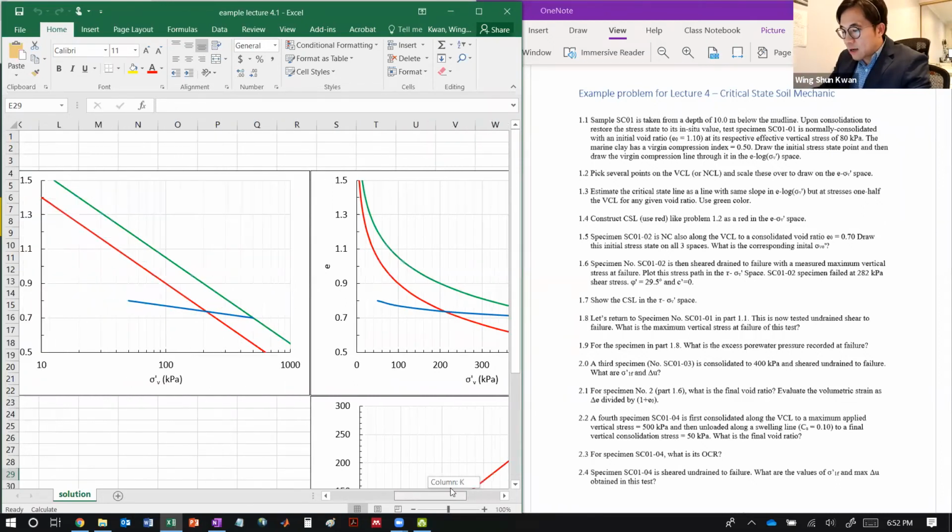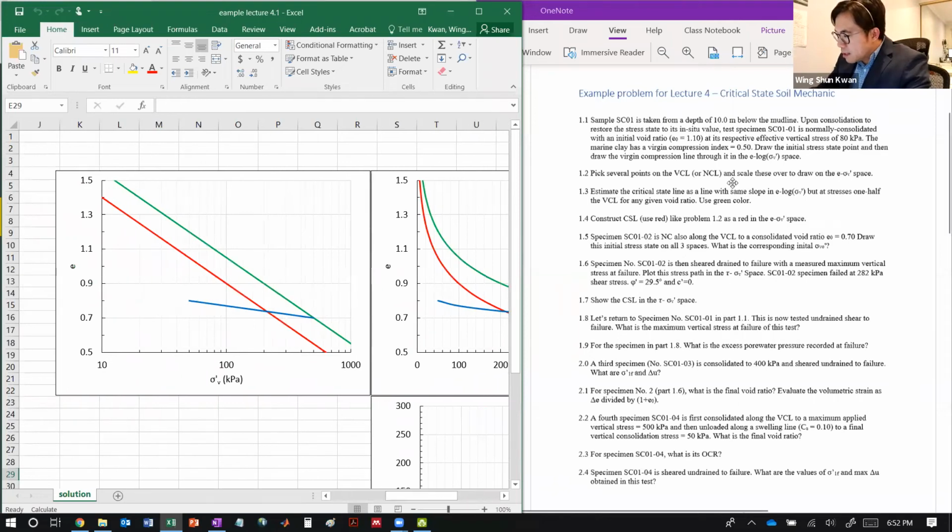That's our goal. So first of all, we know the initial void ratio is 1.1, with respect to an effective vertical stress of 80 kilopascal. So that's our first point.